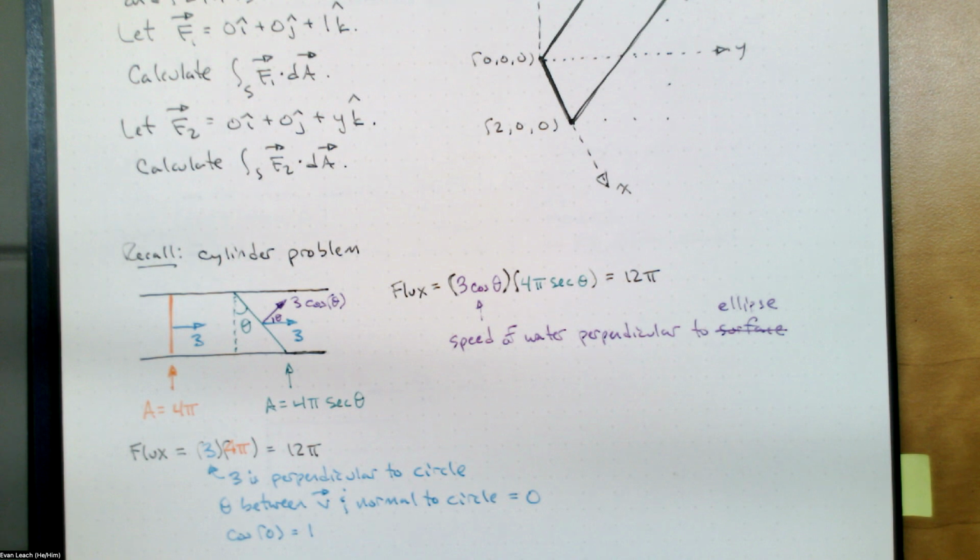That is the component of the velocity that's in the same direction as the normal vector for the surface.